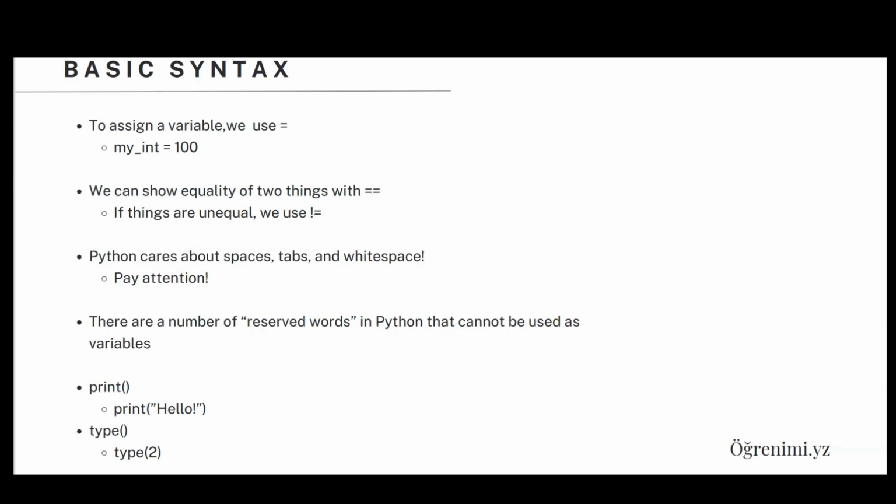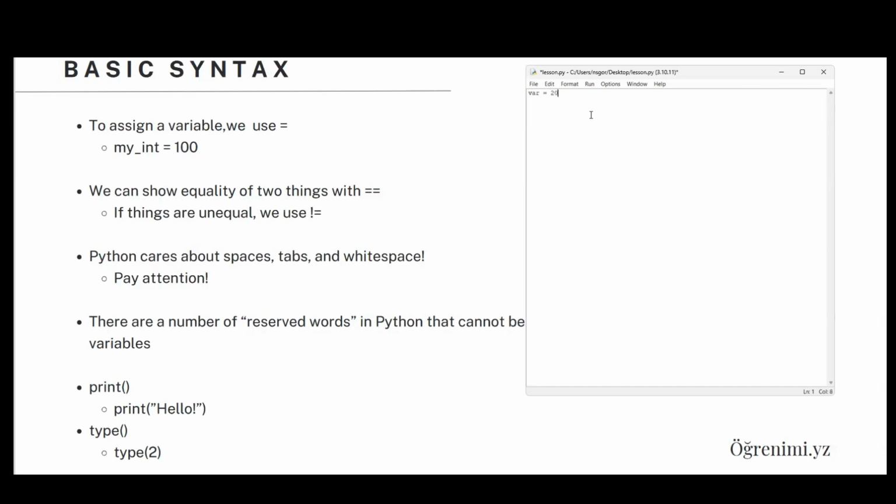So, for example, here, if I wanted to say variable is equal to 20, that would be assigning a variable the value of 20. And if I wanted to say that variable is equal to 39, would that be a true statement or a false statement?